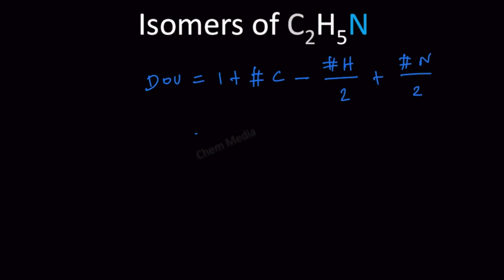So therefore this is equal to 1 plus 2 minus 5 by 2 plus 1 by 2. Therefore this is equal to 3 minus 2.5 plus 0.5, and therefore 3 minus 2, and that is equal to 1.